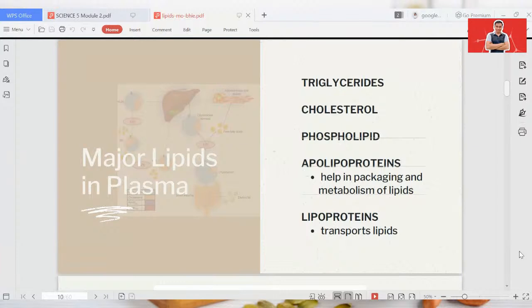And ang function ng cholesterol is to promote fat absorption and can act as steroid synthesis precursor. Next is phospholipid, which is na-discuss na kanina. And lastly, yung lipoproteins. And as the name implies, ang lipoproteins are composed of both lipids and proteins called apolipoproteins. And ang main role ng lipoproteins is to deliver fuel to our peripheral cells.